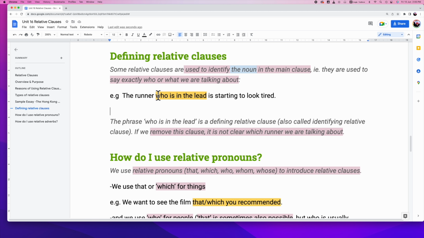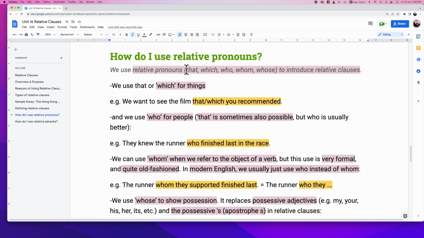Who is in the lead is starting to look tired. Without this part, who is in the lead, it is not clear which runner we are talking about. So this phrase, who is in the lead, is a defining relative clause. Also, some people call it an identifying relative clause.